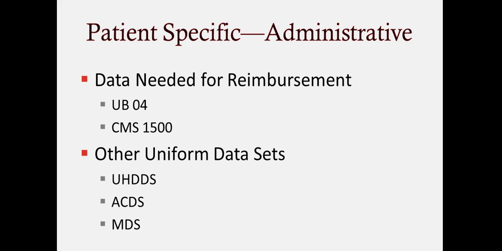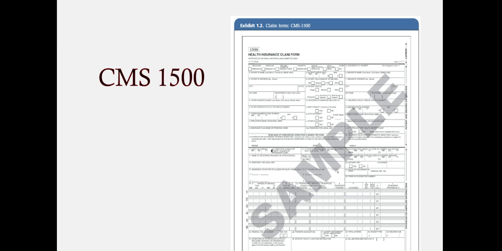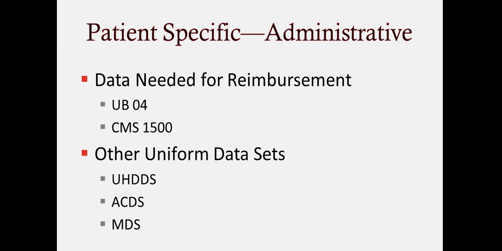So you see how many things are working at the same time, and just imagine all this information has to be shared between so many entities in so many different ways, and there are codes for information sharing. So when we talk about data needed for reimbursement, that's UB04, that's the code, that's what your insurance company needs for reimbursement.